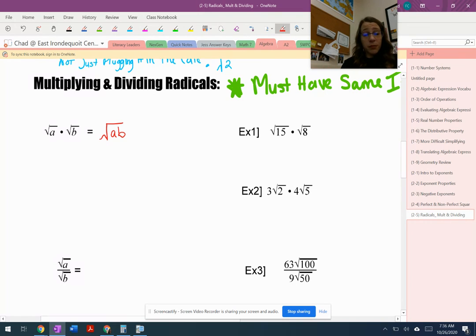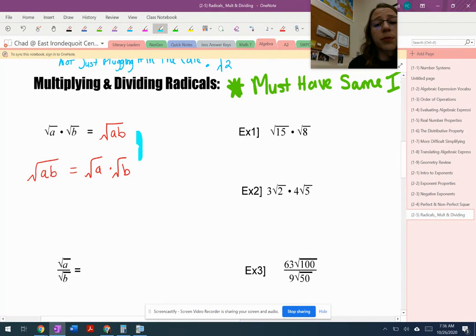It's that simple. And we can also go backwards from that. If I'm starting off with the square root of ab, I can break that up into the square root of a factor a times the square root of a factor b. This is kind of cyclic, like swoopity, swoopity kind of thing, you know?